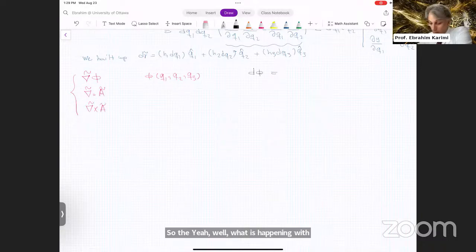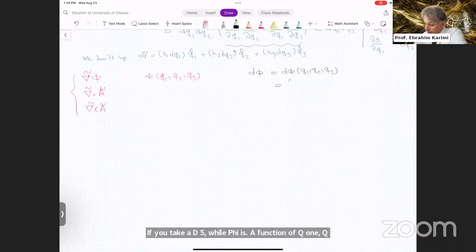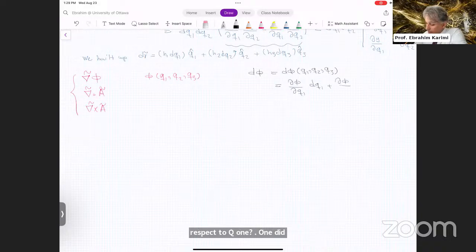If you take d phi, well, phi is a function of Q1, Q2, and Q3, then that can be expanded as the derivative of phi with respect to Q1 times dq1, plus the derivative of phi with respect to Q2 times dq2, plus the derivative of phi with respect to Q3 times dq3.